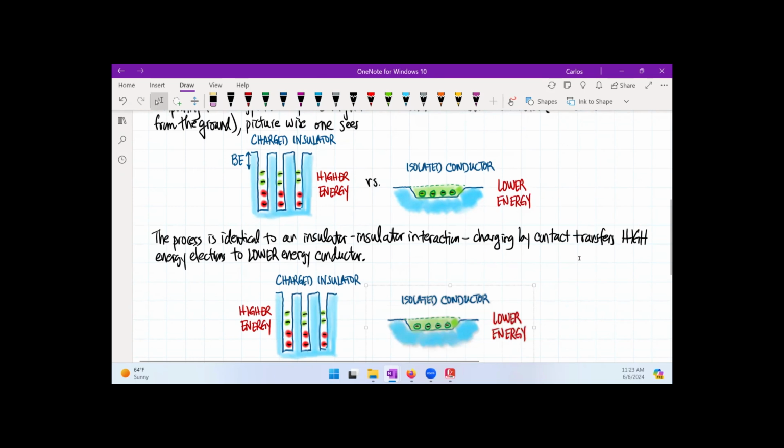I'm going to transfer some of these electrons. Some of these are going to go away because they've been transferred, so I have holes here.